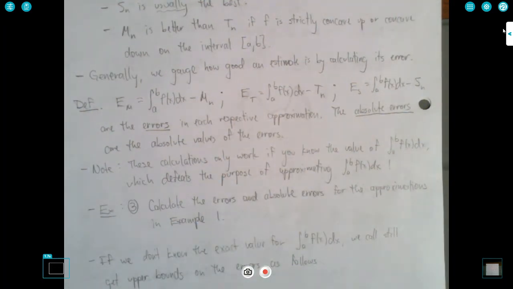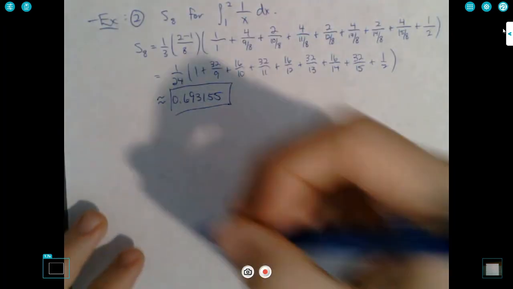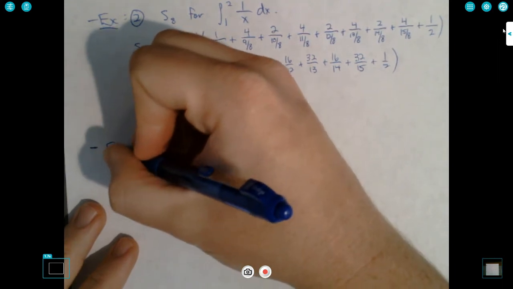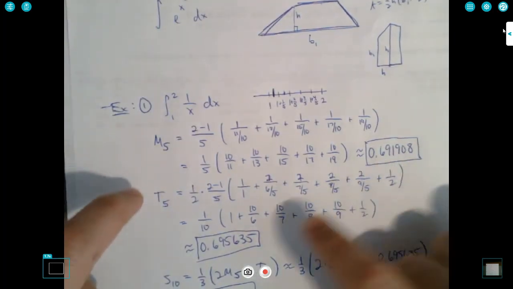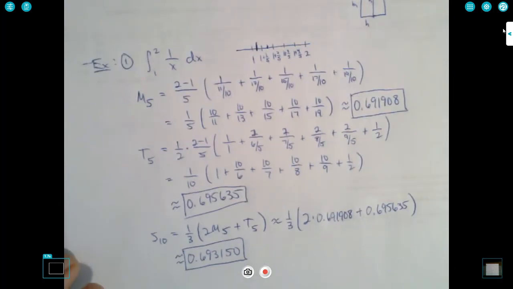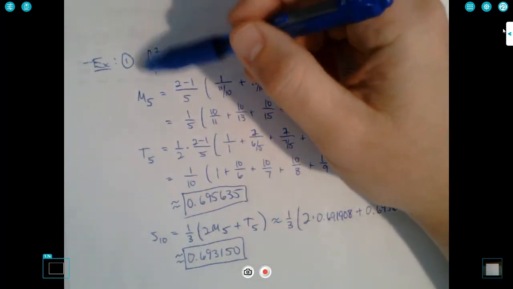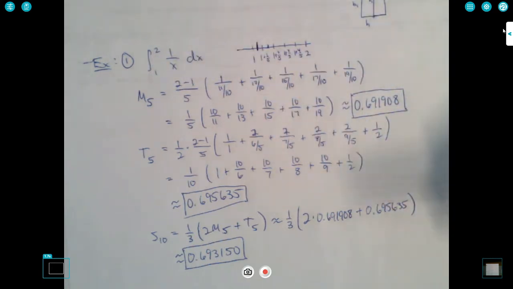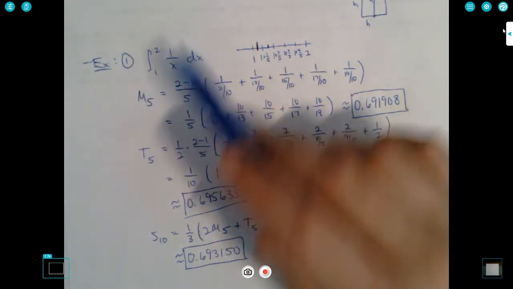So I've still got those. So let's do it. In example 1, we found M5, T5, and S10. In order to find the errors of those, we have to actually compute the actual value of this integral and then subtract each of the approximations from it, right?